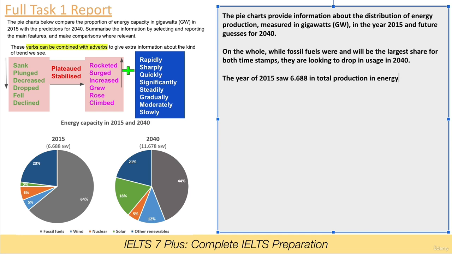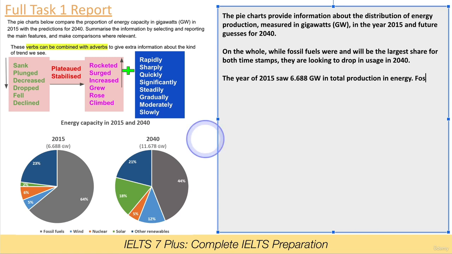Energy. There we go. I think we can leave that as a nice sentence there. Oh, and let's put gigawatts. Okay, now let's dive into the details and we'll talk about the data.